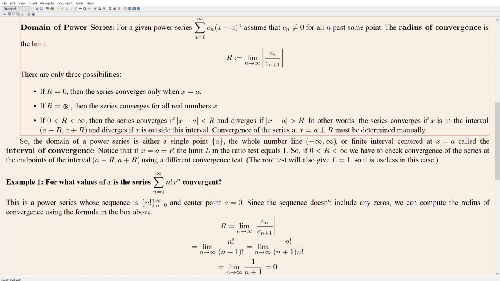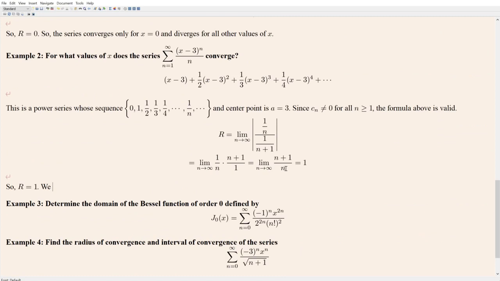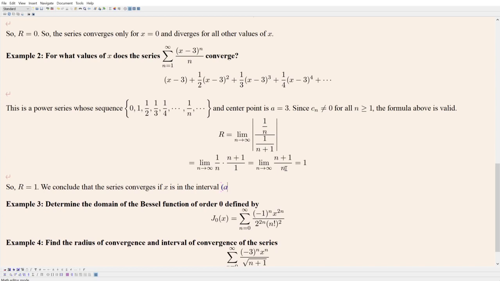So that's not 0, that's not infinity. So the conclusion in this case is that the series converges if x is inside this interval and diverges otherwise. But then we also have to check the endpoints. The interval is a minus r, comma, a plus r, which in this case, a is equal to 3.